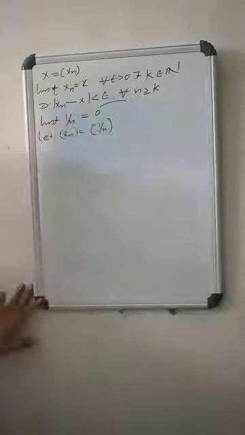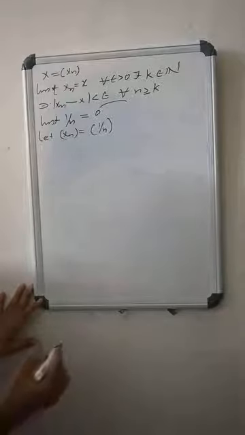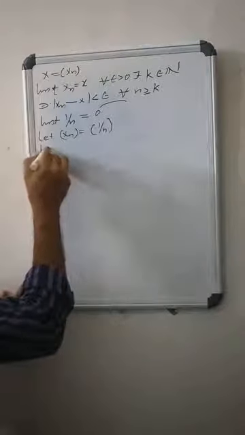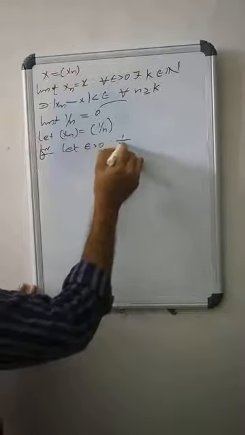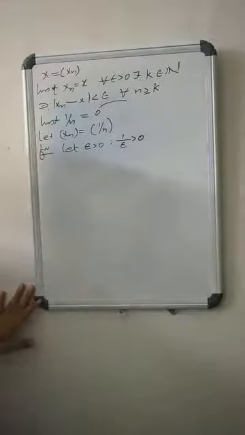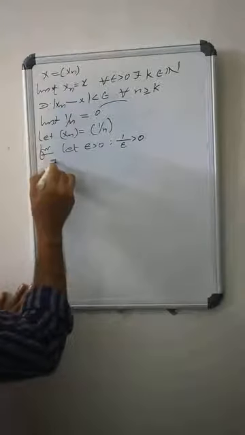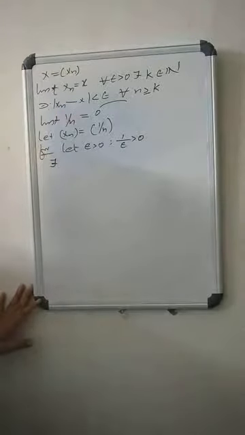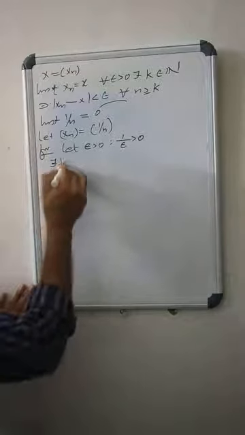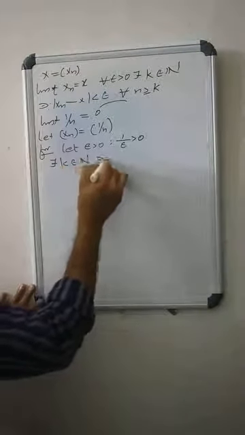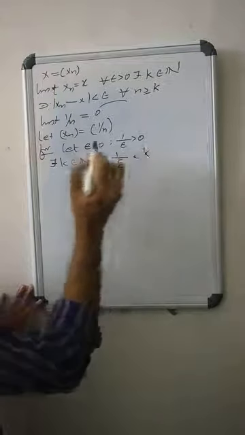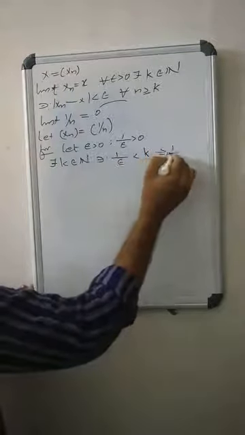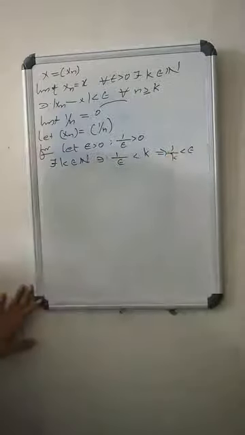Now to prove limit xn equals 0: let epsilon be positive. Epsilon positive means surely 1 by epsilon is also positive. Then by the Archimedean property, there exists some k in the natural numbers such that 1 by epsilon is strictly less than k. 1 by epsilon less than k means 1 by k is strictly less than epsilon.